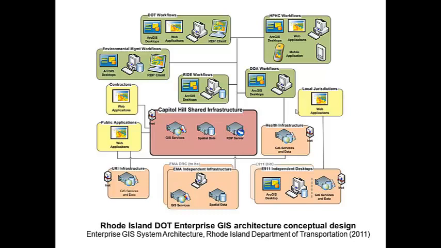Here's another example. This is the Rhode Island DOT Enterprise GIS Architecture Conceptual Plan.